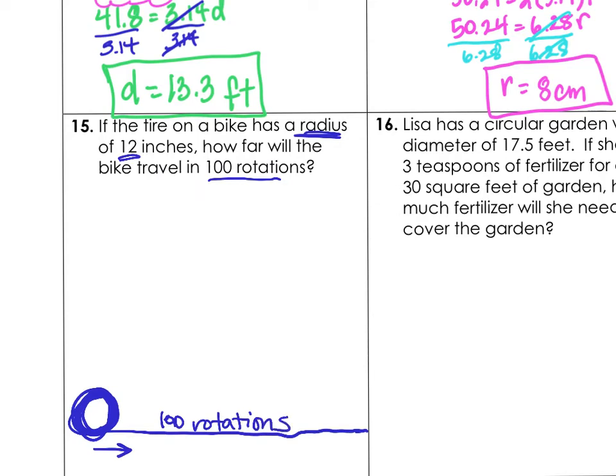So if it's a bike tire and it's going around, that must be circumference, C. And we were given radius, so circumference equals 2 pi r.